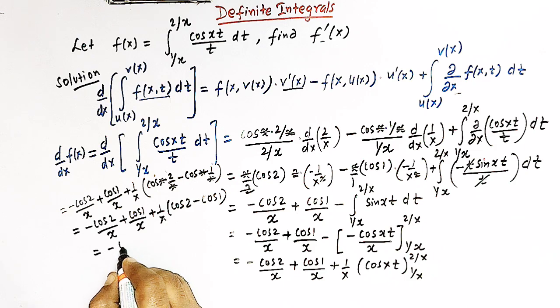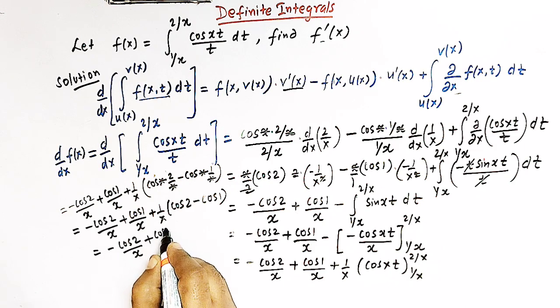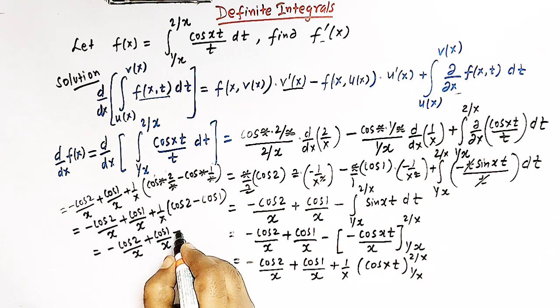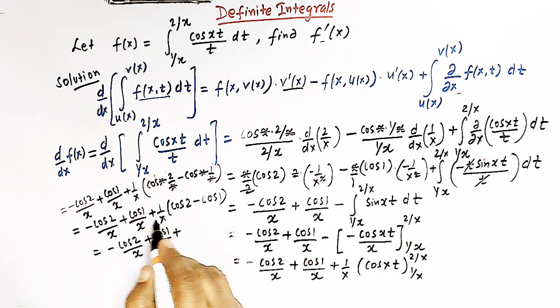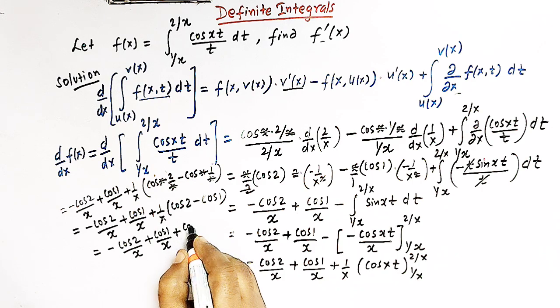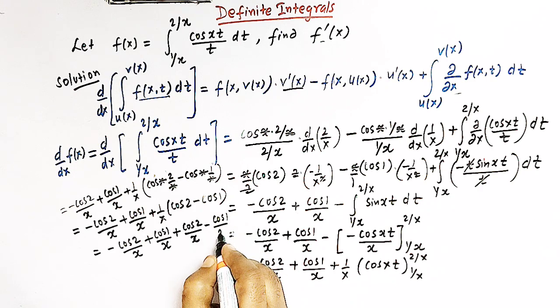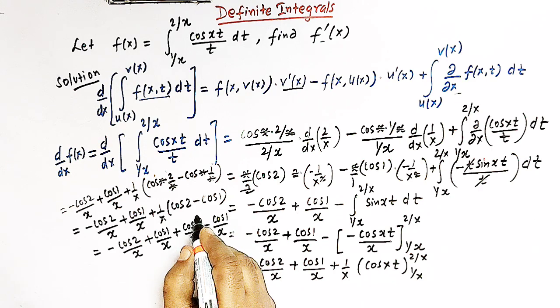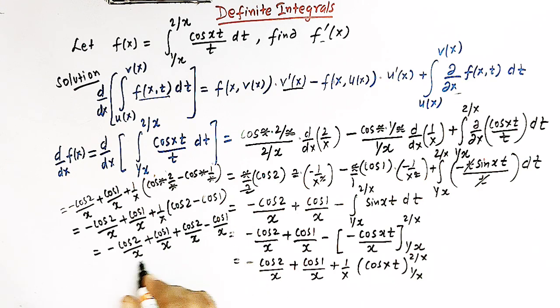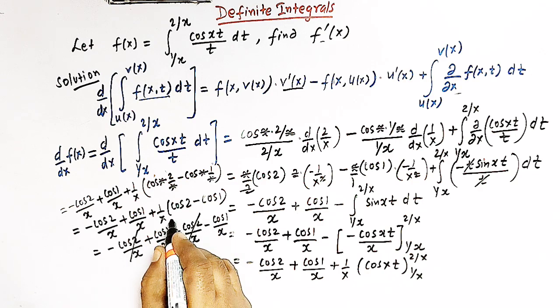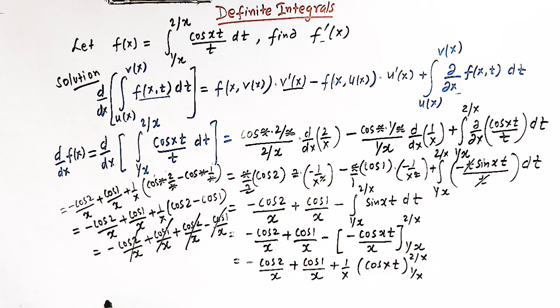So now we have minus cos of 2 over x plus cos of 1 over x plus multiplying these two quantities by 1 over x, we have cos 2 over x minus cos 1 over x, right? And we can now easily see that this term and this term get cancelled, and this term and this term get cancelled.